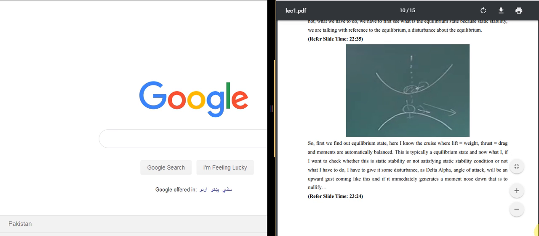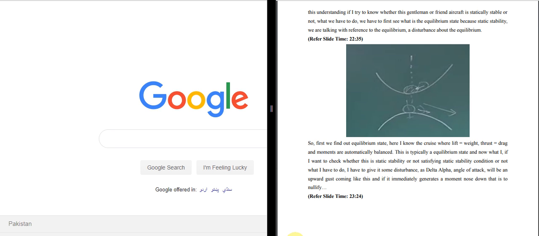Here I know the cruise, where lift is equal to weight, thrust is equal to drag, and moments are automatically balanced. This is typically an equilibrium state. Now if I want to check whether it satisfies the static stability condition or not, I have to give it some disturbance, delta alpha.